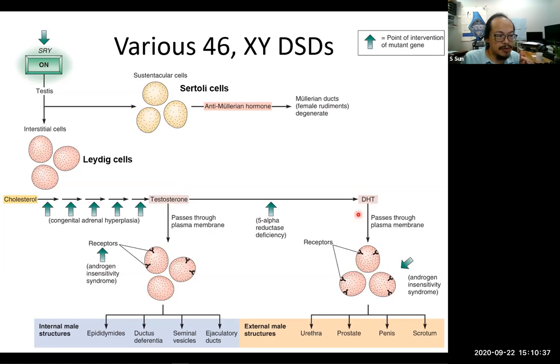But without DHT, it will not develop the external organ, the penis. Or the patient may have a lack of the DHT receptor. Then this patient may also not be able to develop the external sex organ. So there are several possibilities that we may have the XY female syndrome, okay?